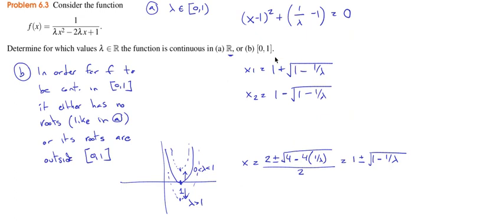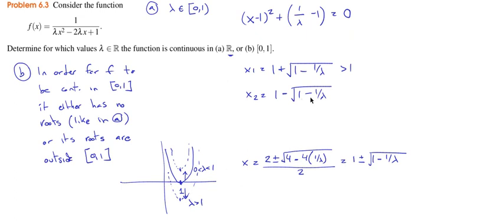So you can see here, this is 1 plus something that's positive. If there's no root, then this is not something. This is automatically going to be greater than 1 as long as there are 2 roots. In this parabola, one of the roots is always greater than 1, but the other one is in 0, 1.